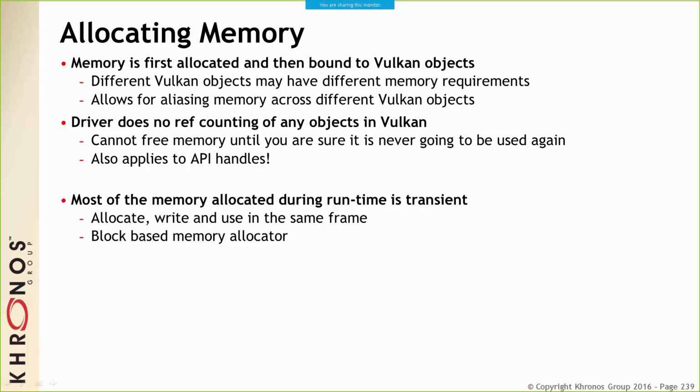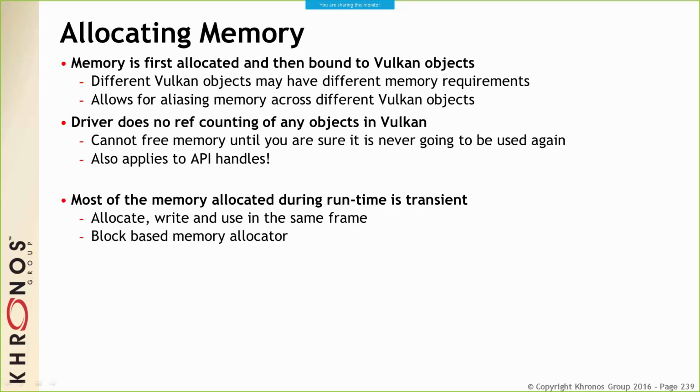Allocating memory in Vulkan is very expensive. We're not going to create a texture and then allocate memory with vkAllocateMemory each time. We really need to allocate huge blocks and manage those blocks ourselves. That's the only way to get good performance in this case.